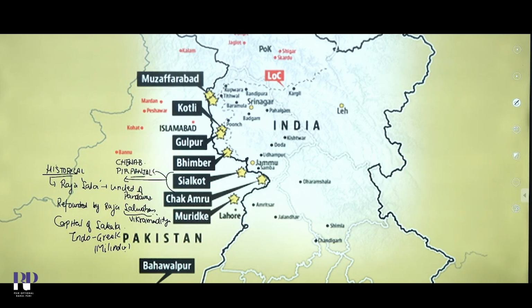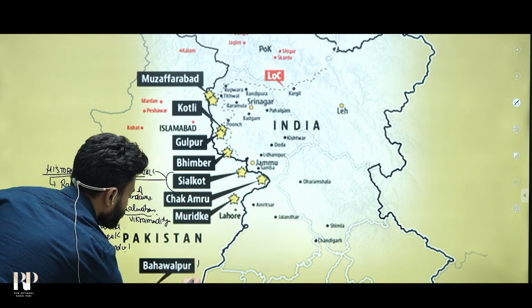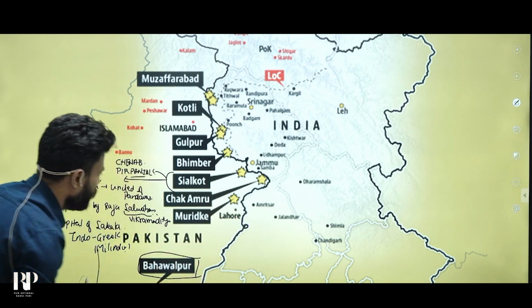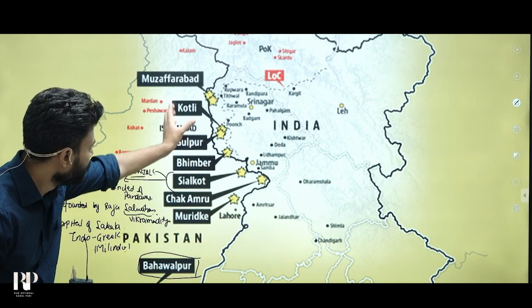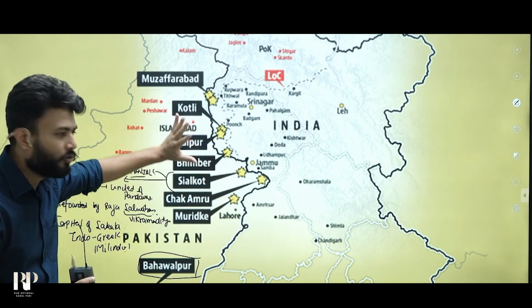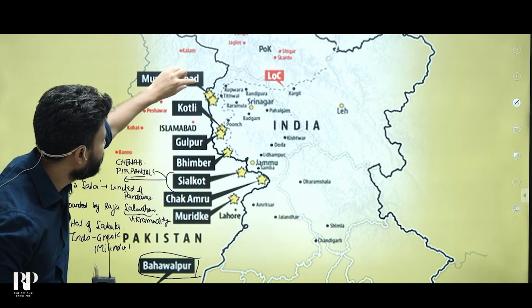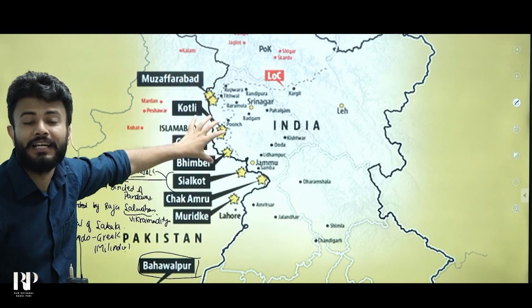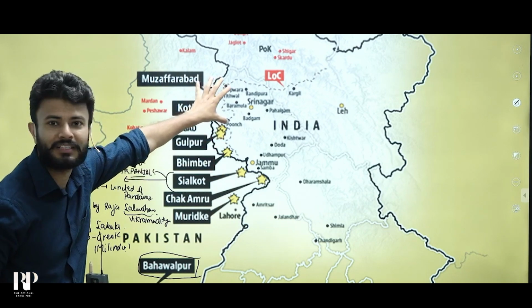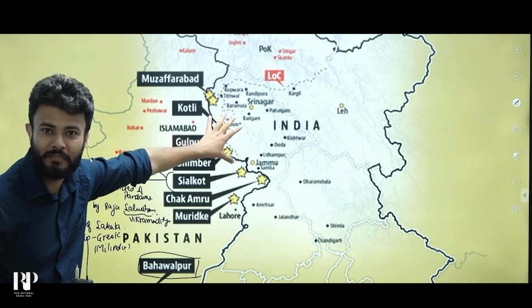Then if we have to talk about this Bahawalpur region, as you can see the location, Bahawalpur is a little bit south of Pakistan, not the northeast part. So obviously we understand that the sites located along this border will have a hilly terrain, because here we have the trans-Himalayan ranges as well as some of the important Himalayan ranges.